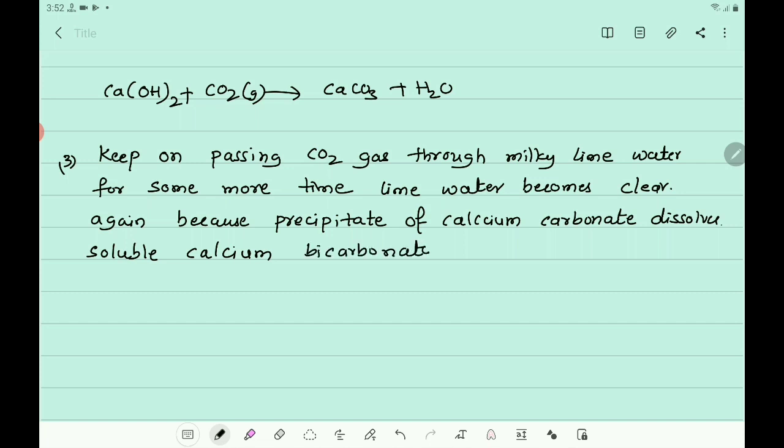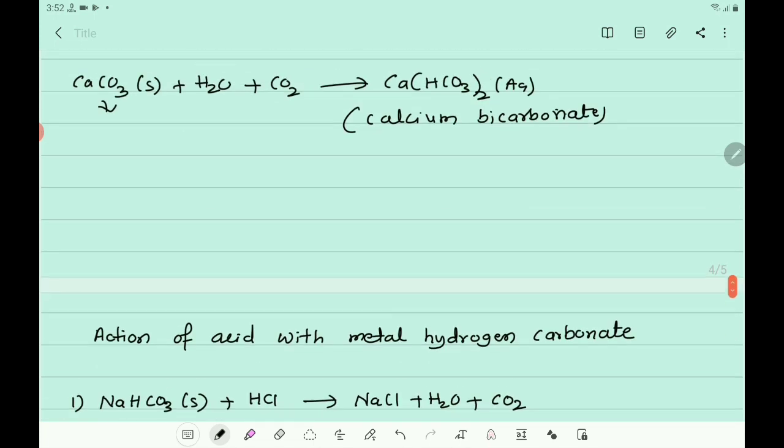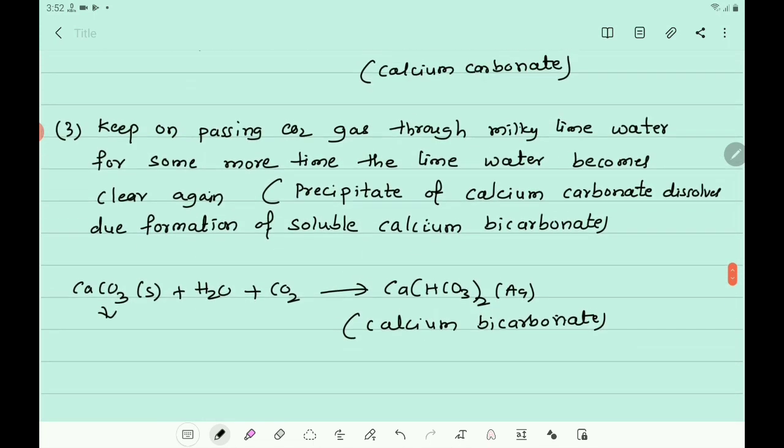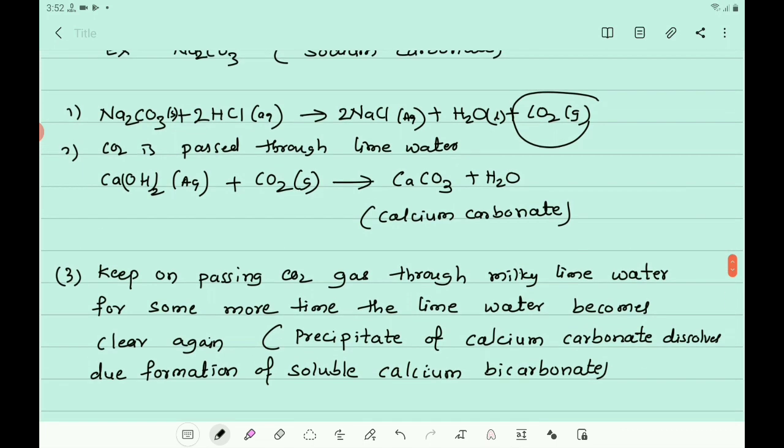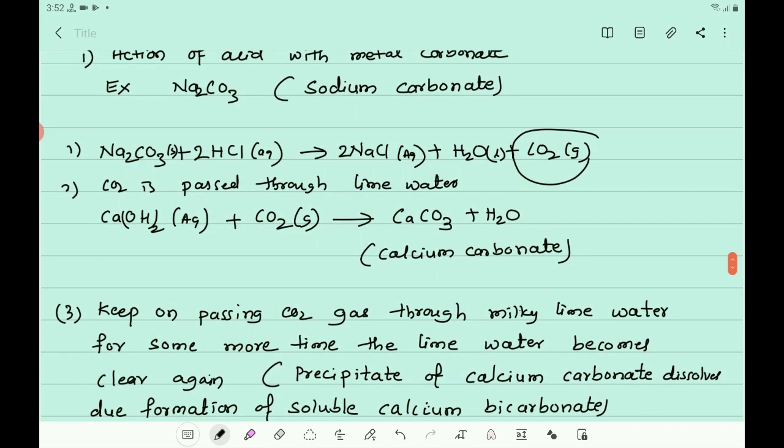Here in all the cases, what happens? In the first case, CO2 is passed through the lime water. Lime water turns milky. Why does it turn milky?